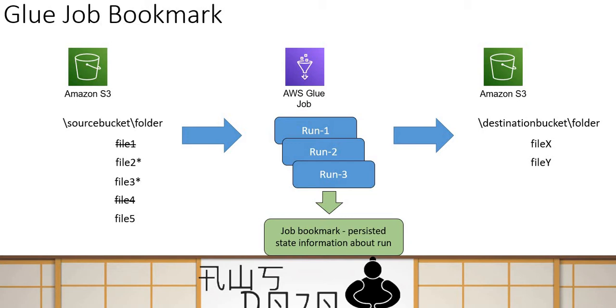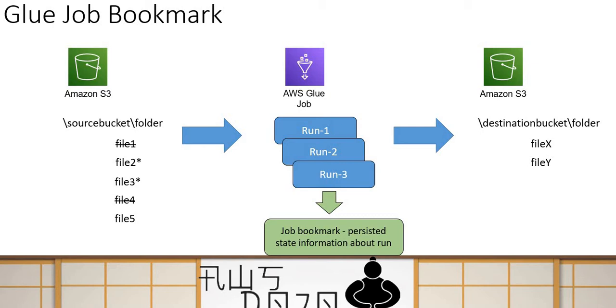Using that state information, it makes sure that the next time the job runs, it will avoid processing the data which was already processed in the previous runs. That's exactly the task of the job bookmark.